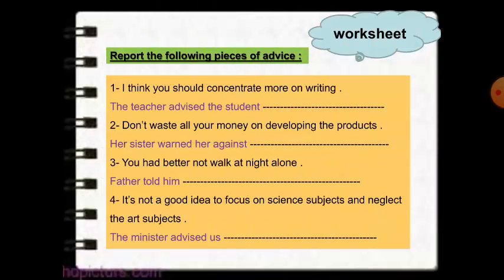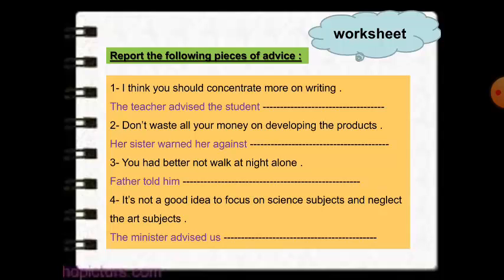Okay, at last we have a worksheet. We are going to report the following pieces of advice by using one of the three structures that we have learned today. Number 1, I think you should concentrate more on writing. The teacher advised the student. Number 2, don't waste all your money on developing the products.